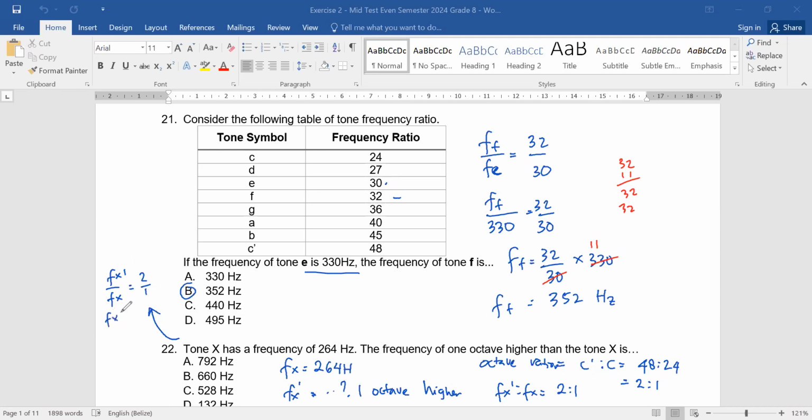And then F prime X over 264 equals 2. So F prime X is 2 times 264. So this is 528 hertz. So the answer is C, 528 hertz. That's question number 22.